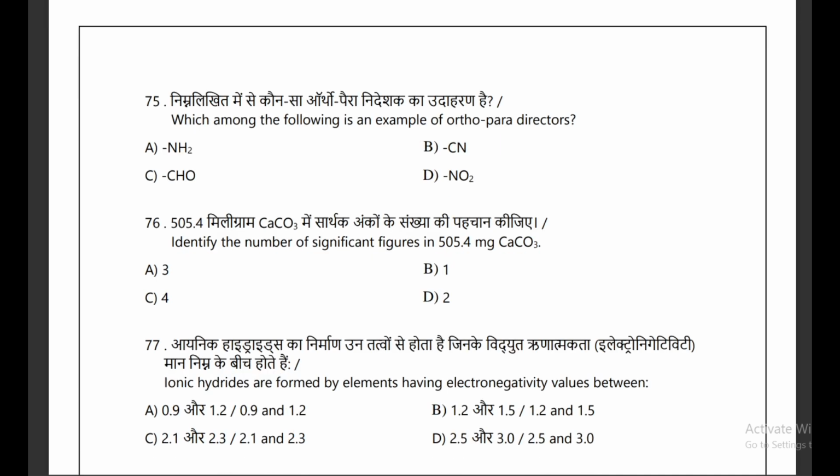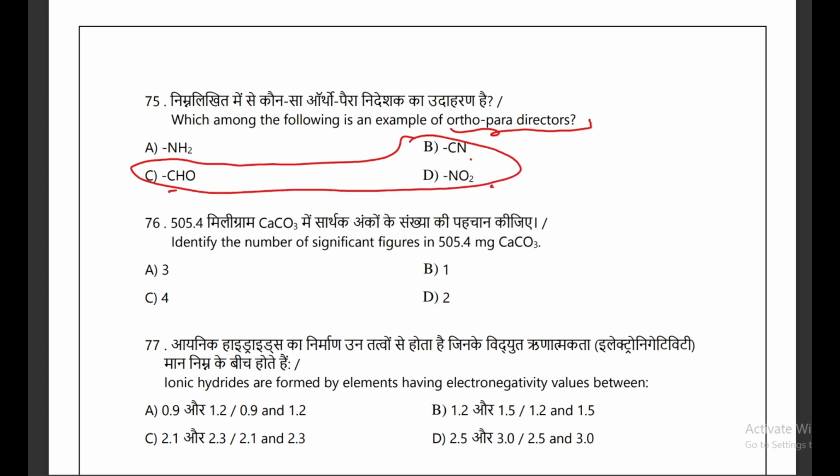In the next question, which among the following is an example of ortho-para directors? So in this case they are providing you four options, and if you look at the options B, C and D, these are strongly electron withdrawing groups. Okay, electron withdrawing groups.